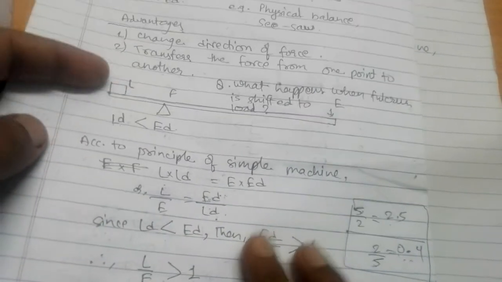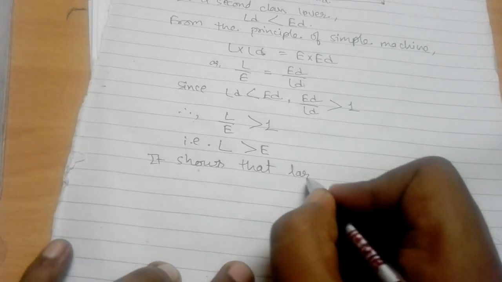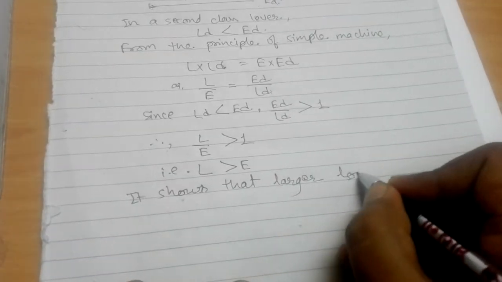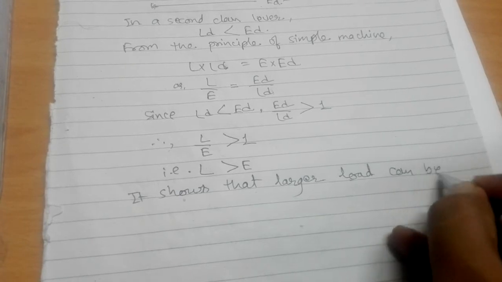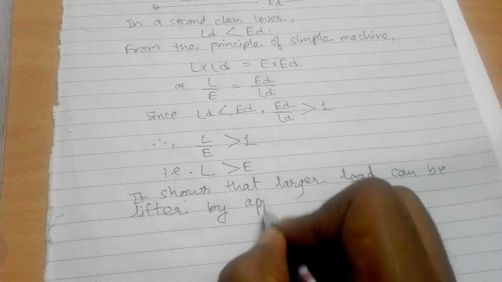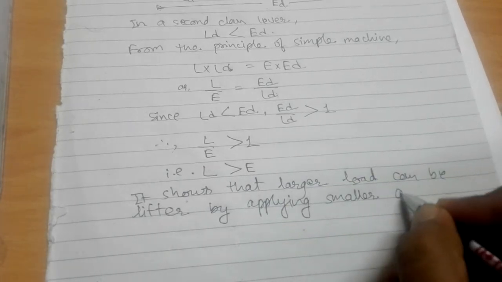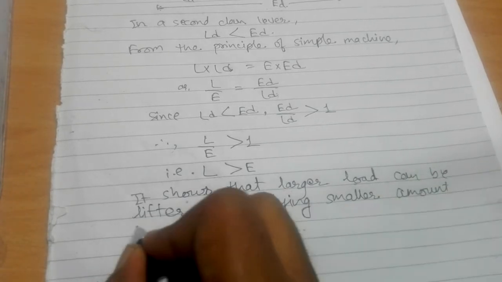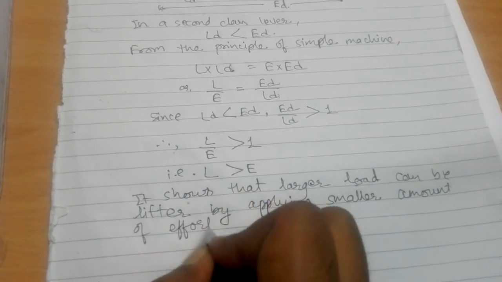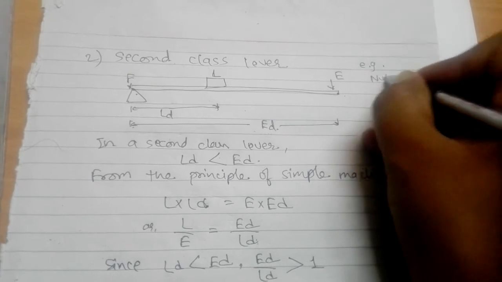In this case also you got L greater than E. It shows that larger load can be lifted by applying smaller amount of effort. And what are the examples of this kind of simple machine? Can it be nutcracker?